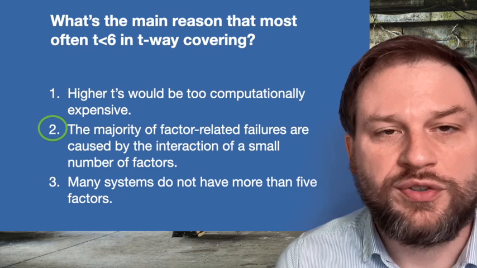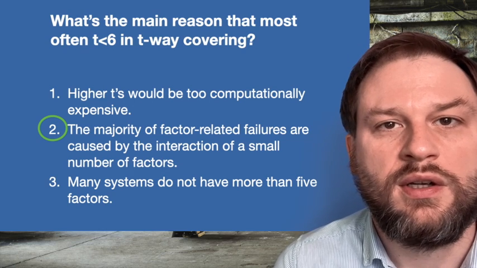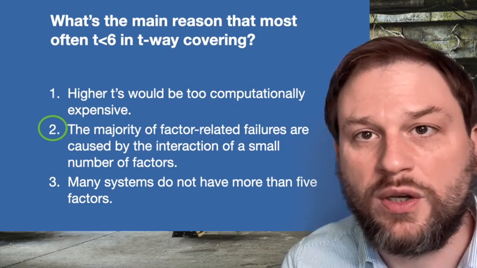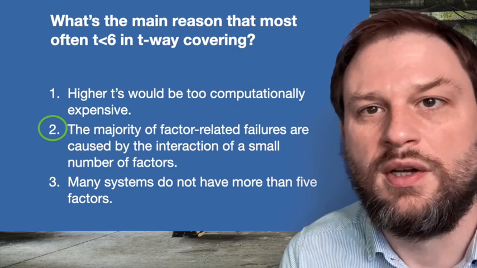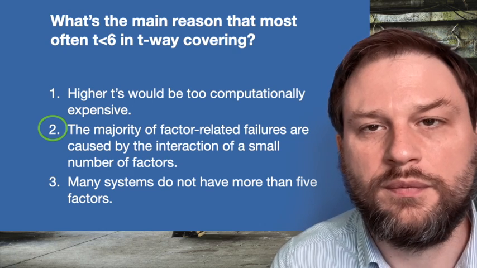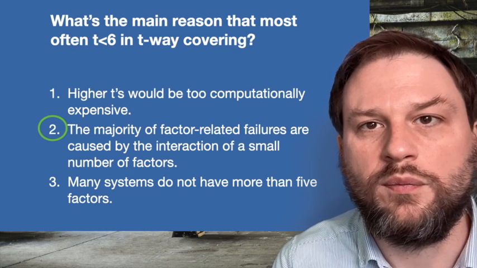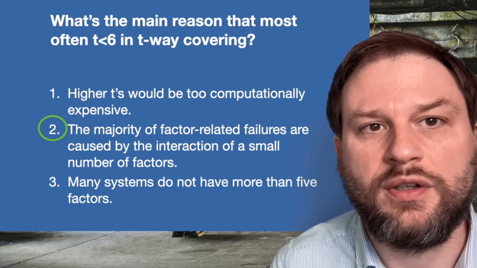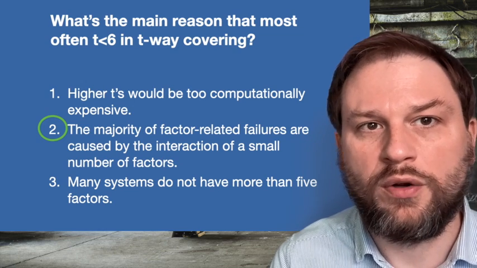But definitely below 6 is usually enough, because it's very rare that we have faults that involve more than 5 different parameter settings. It will be a very complex fault and might not be worth the effort.